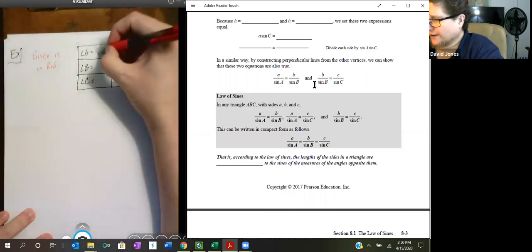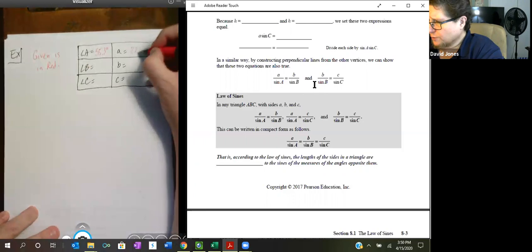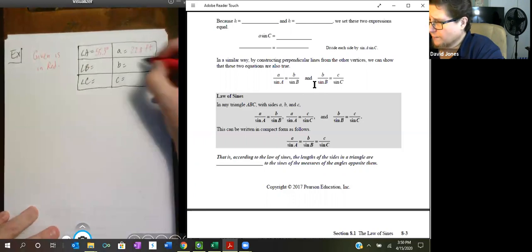We're given 55.3 degrees, A is 22.8 feet, B is 24.9 feet.